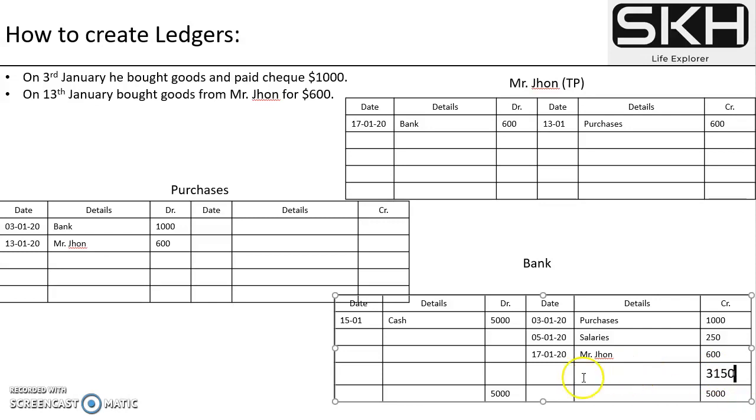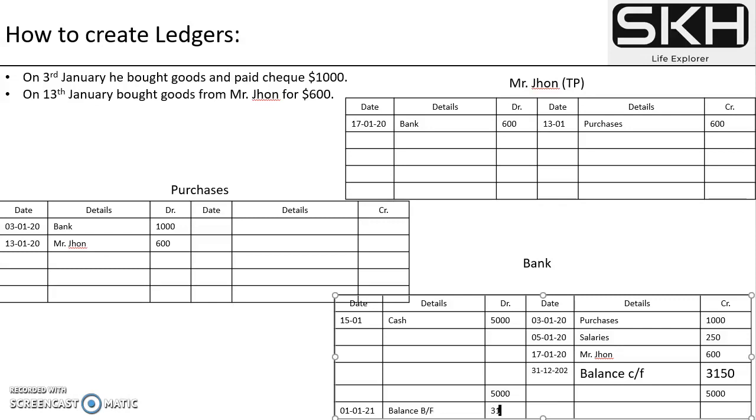So 3,150 is our balance on 31st December 2020, and I will call it balance CF, and that balance will become balance BF on 1st January 2021. Balance BF, brought forward, and carried forward, we use these terms there.